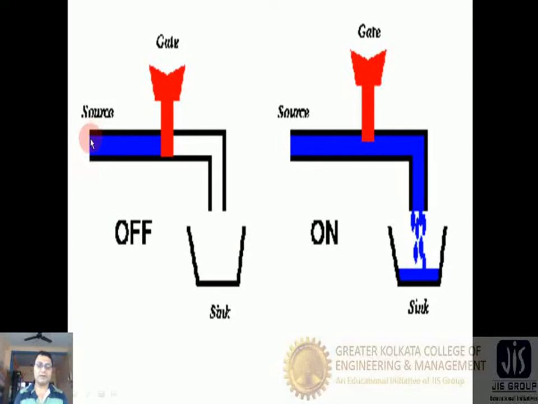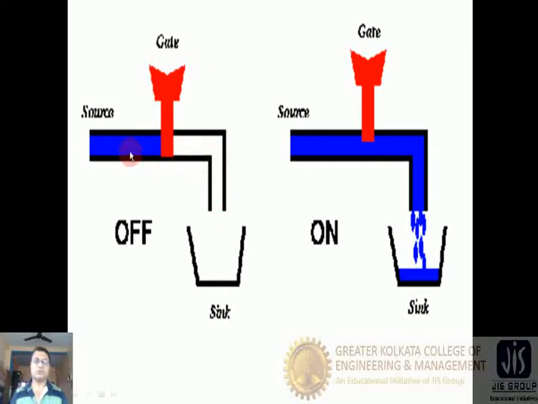Here we can find the source of the tap, which is connected to a tank filled with water at a height larger than the sink, or where the water is collected. This makes a difference, a potential difference, between the heights of the water. That is why water flows from the end of the tap towards the sink, and this gate controls the water flow.